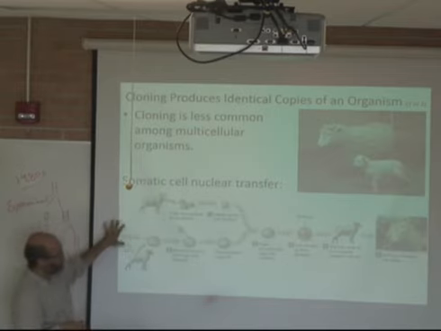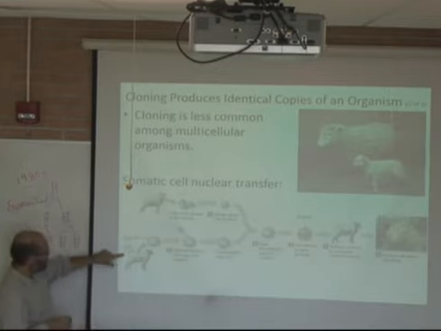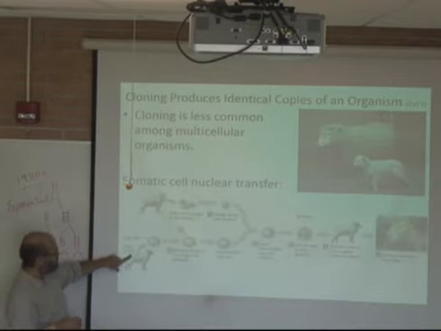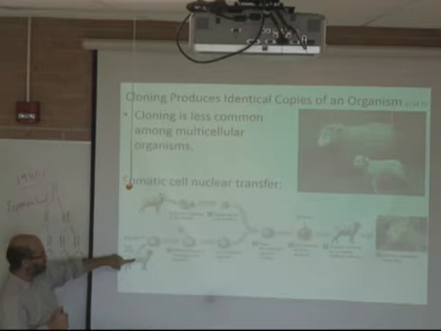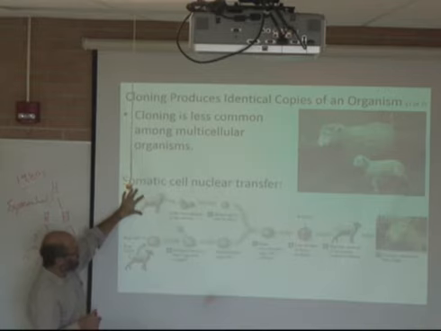So the way Dolly was produced was, they actually took cells from two different sheep. This is one sheep which was considered the donor of the egg cell. So the egg cell was isolated from this mom of Dolly. And then they also took some cells from another sheep.